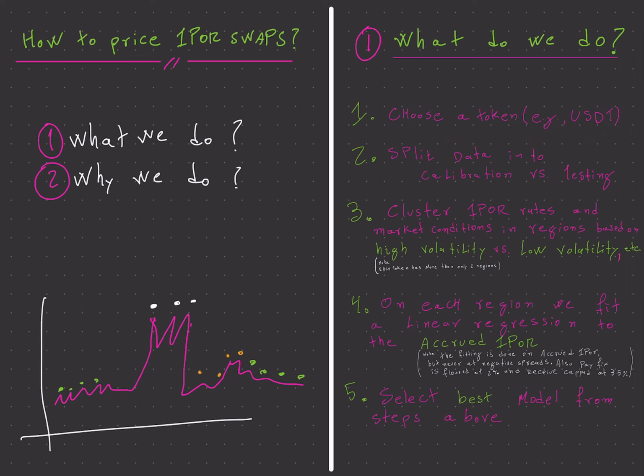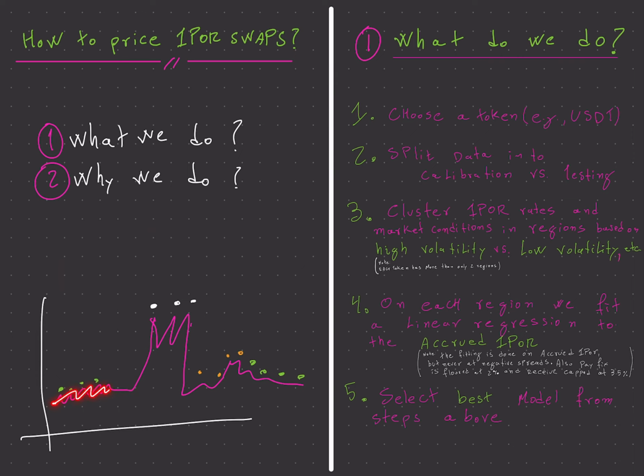The second step is splitting the data that we're going to use for the modeling. That's very standard. It's the idea of having a set of data that we use for the calibration of the model, and another one for validation, the testing, as a sanity check on the model. Let's say here is our IPOR USDT data.